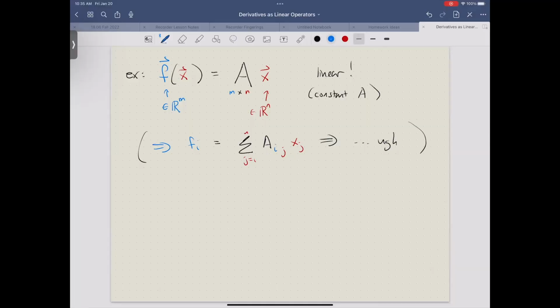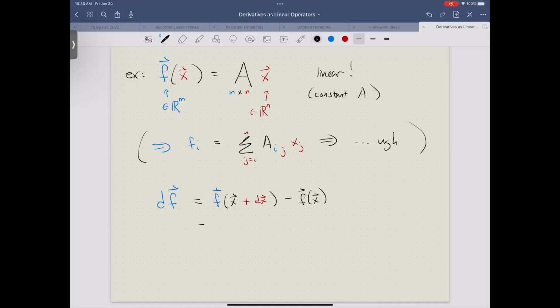So anyway, what's the derivative? Pretty soon I'll have a product rule, but here let's just do it the slow way again. It's not even that slow. You take f at x plus a little change, minus f of x.